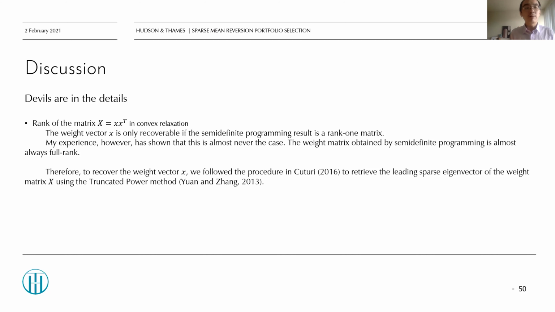This truncated power method is also implemented in ArbitrageLab. So after each convex relaxation optimization, you should always run the truncated power method to deflate the eigenvector into the cardinality you want.